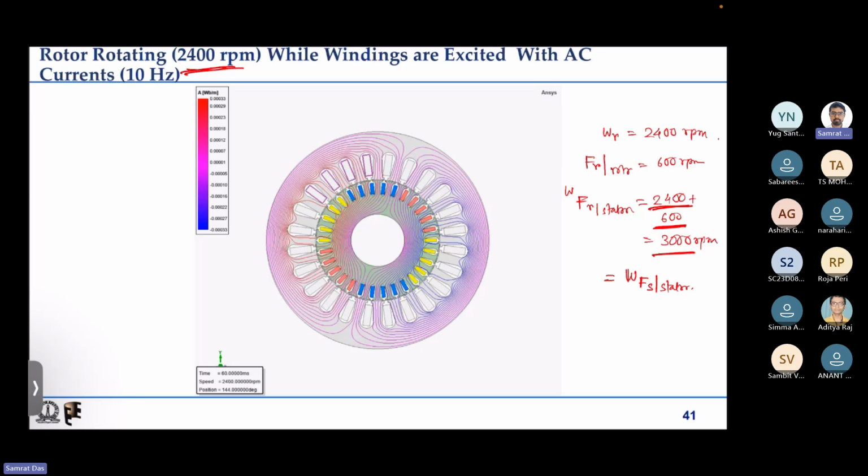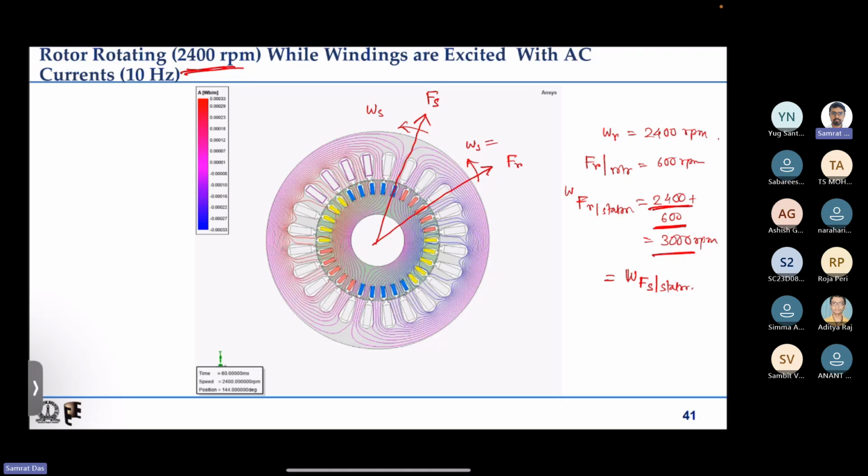We discussed briefly in the last class that we have one stator magnetic field, Fs, rotating at omega stator magnetic field, say omega s, and the rotor magnetic field, Fr, is also rotating at omega s with respect to a stationary observer.